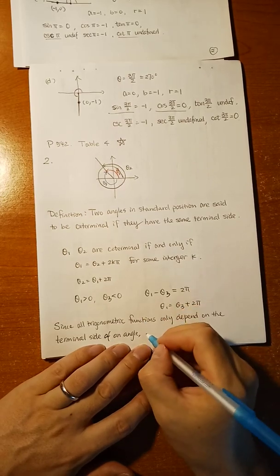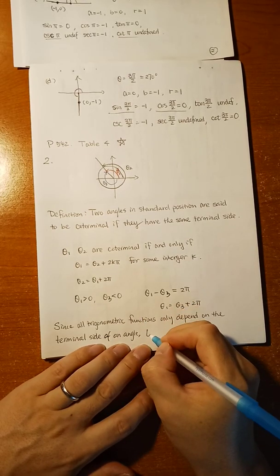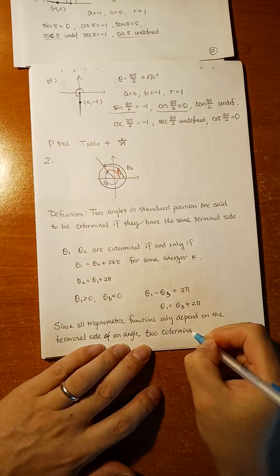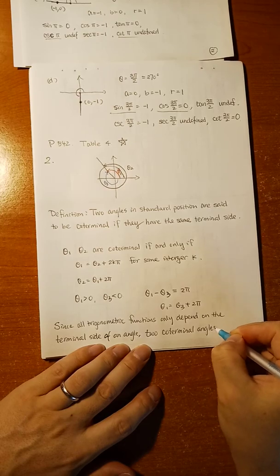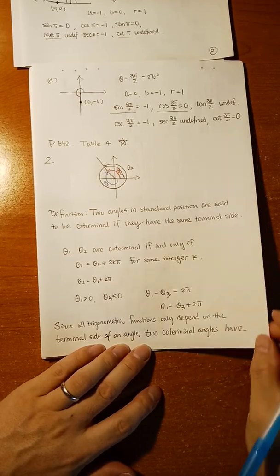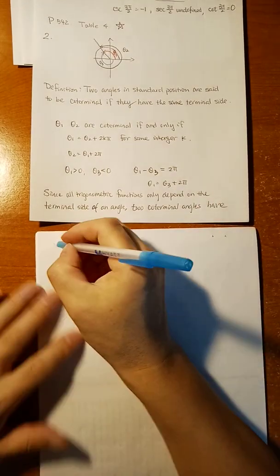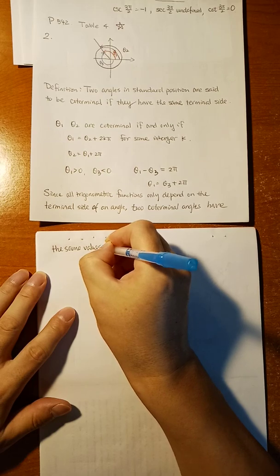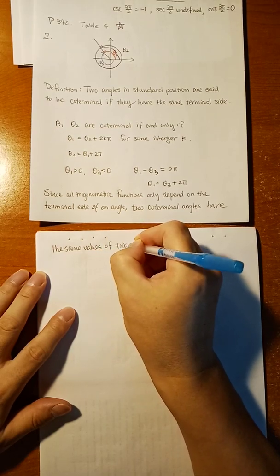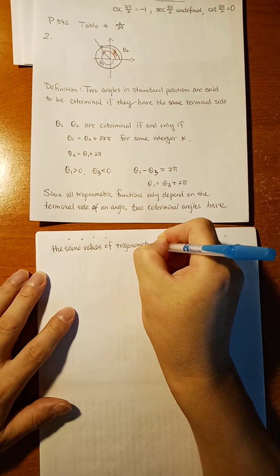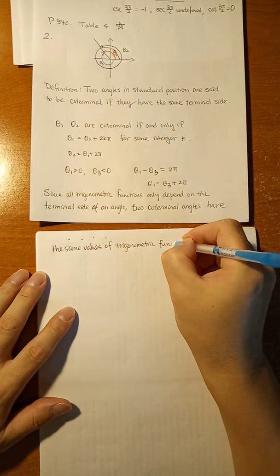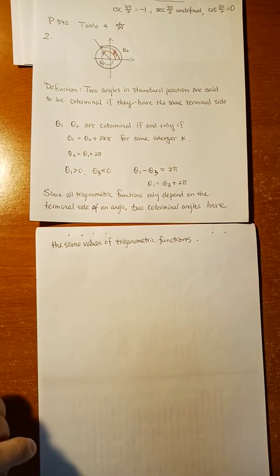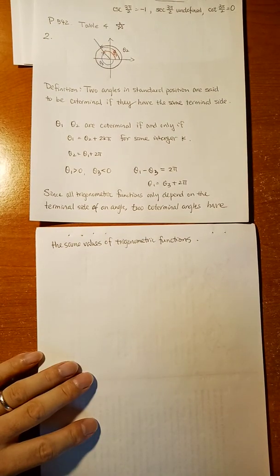We get two coterminal angles have the same values of trigonometric functions. Okay, if they share the same terminal side, they share the same trigonometric values.